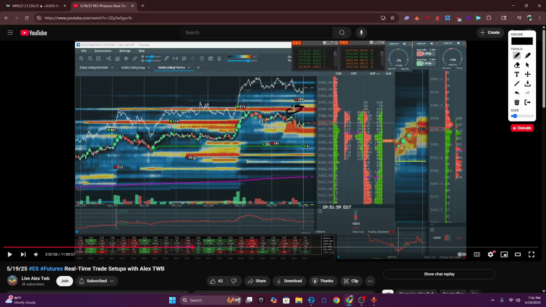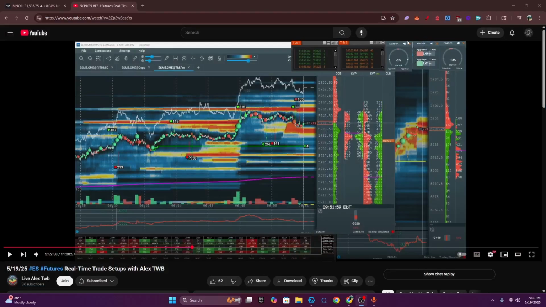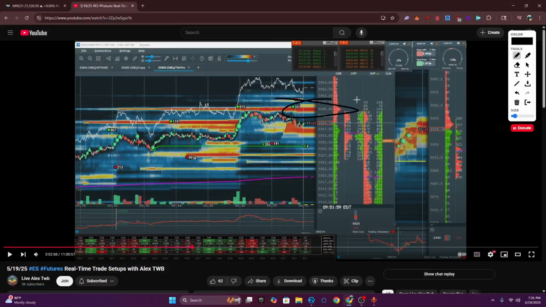Now we're starting to see buying icebergs come in and buy stops coming in regardless of the selling icebergs. But we see a large selling delta come in, and we see this magnet really close to it.